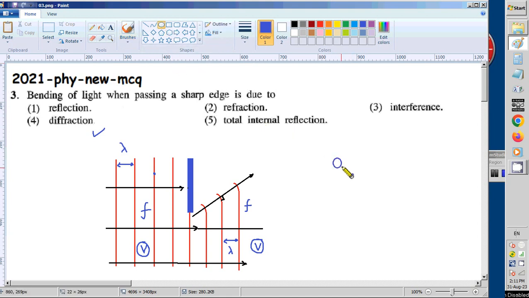We know if it is a point source, the wavefronts are circular like this. We can explain it using the ripple tank.